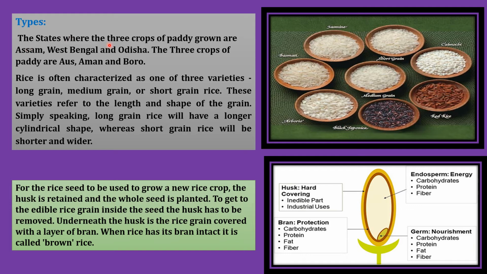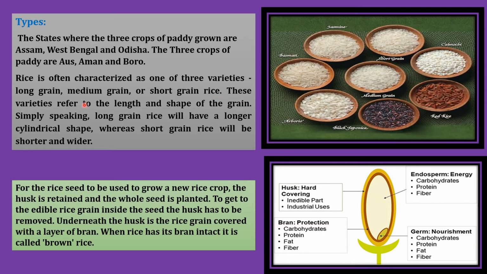The states where the 3 crops of paddy are grown are Assam, West Bengal and Odisha. The 3 crops of paddy are Aus, Aman and Boro. So these are the 3 types of rice. Rice is often characterized as one of 3 varieties: long grain, medium grain or short grain rice.